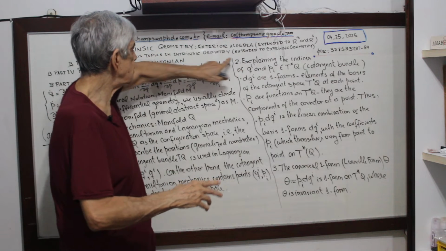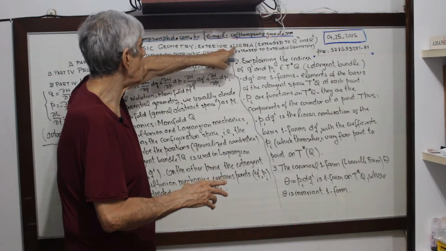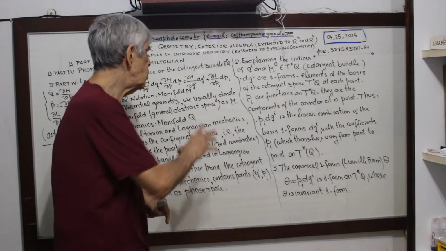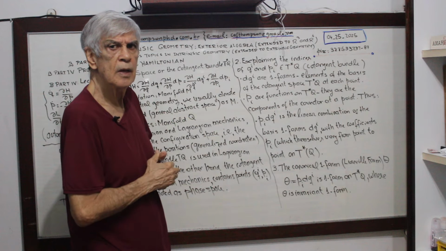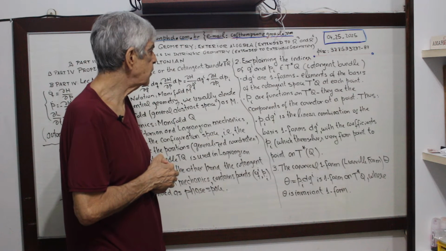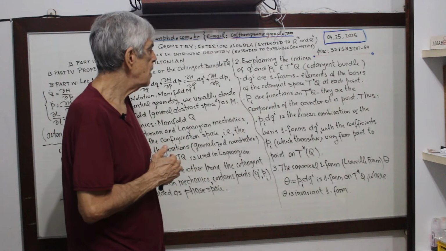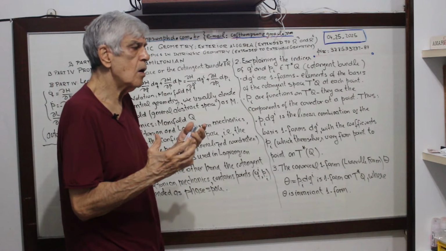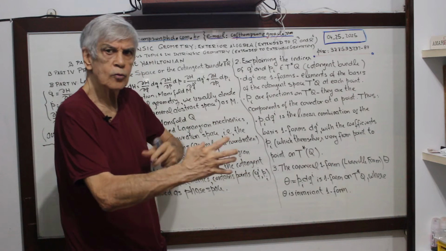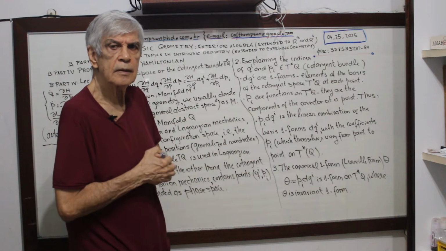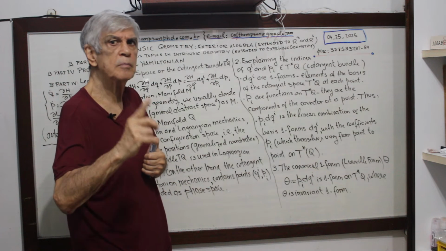Exterior algebra is the tool to manipulate the intrinsic geometry in the cotangent bundle.